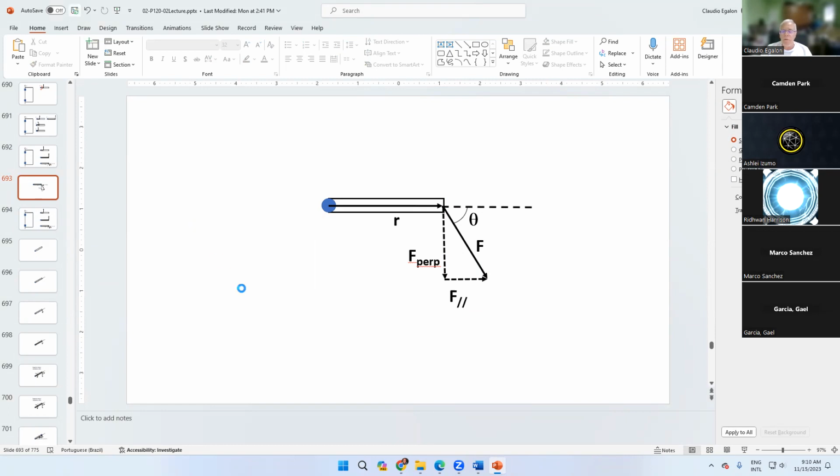And this is a very useful definition, okay? The concept of torque is a very useful definition.